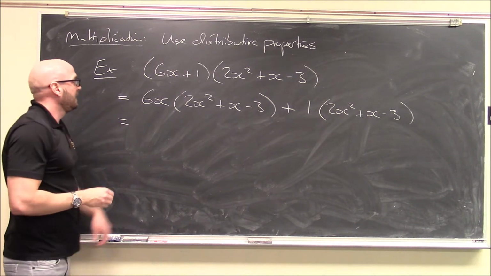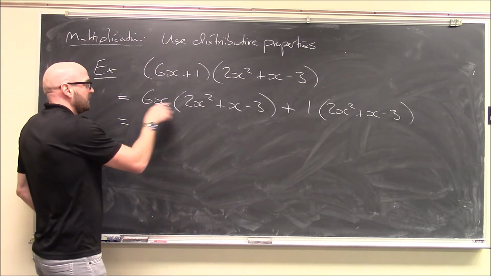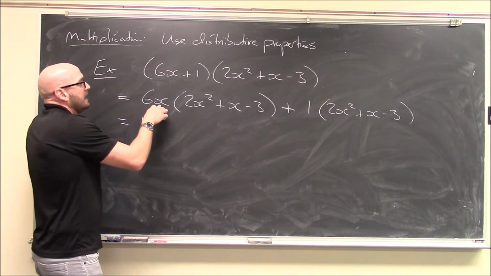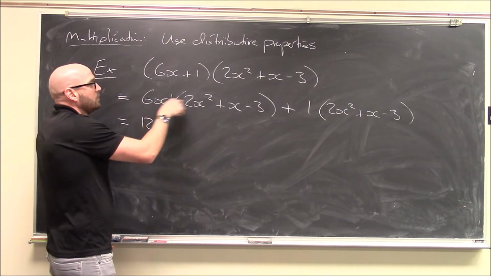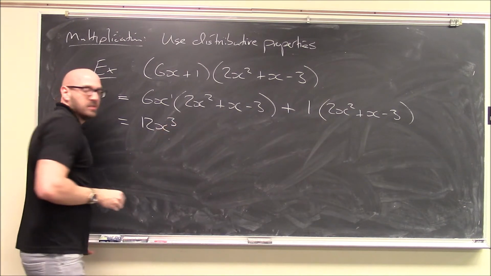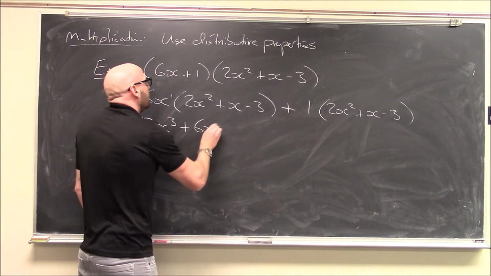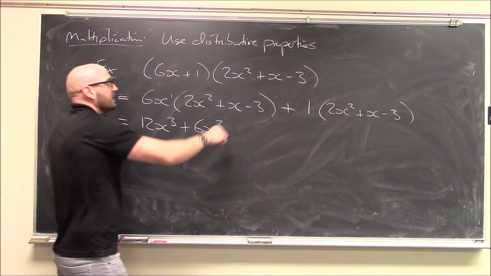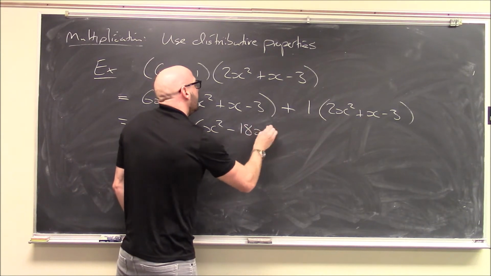So what does this mean? This means I take 6x times 2x squared. So 6 times 2 is 12. X times x squared, remember you add the exponents together, so x to the 1 times x squared, 1 plus 2 is 3. So that's 12x cubed. Then we've got 6x times x, so plus 6x squared. Then we've got 6x times minus 3. Minus 3 times 6 is minus 18x.